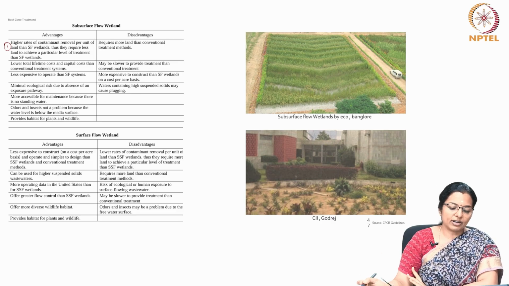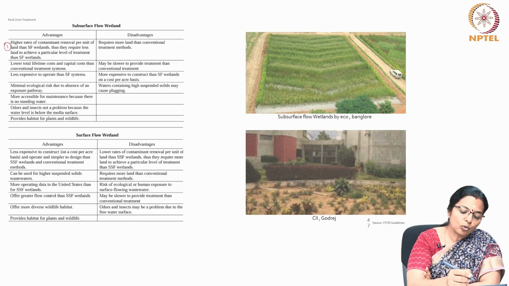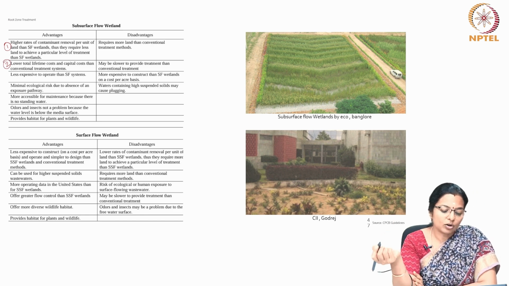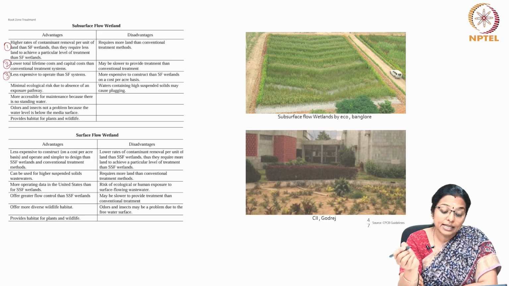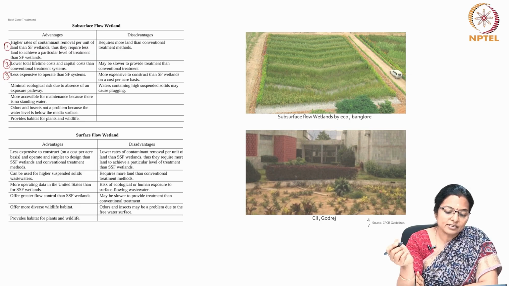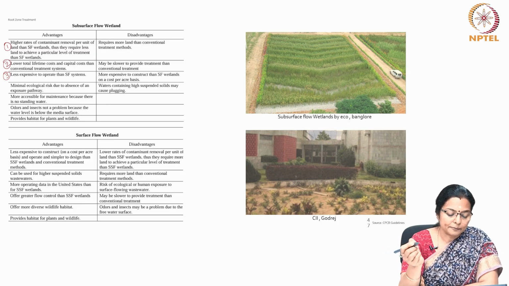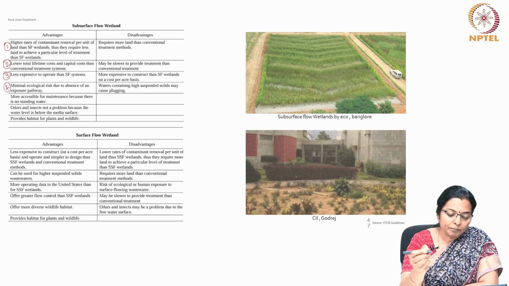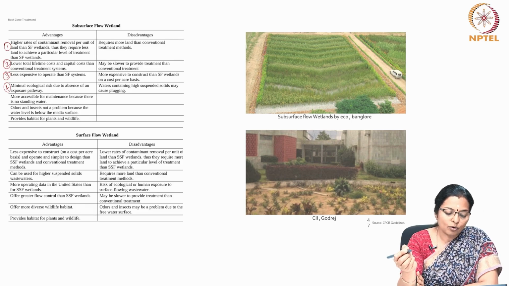The second advantage is that they have lower lifetime costs and capital cost as compared to conventional treatment systems. They are less expensive to operate than surface flow systems. They have minimal ecological risk due to the absence of an exposure pathway.